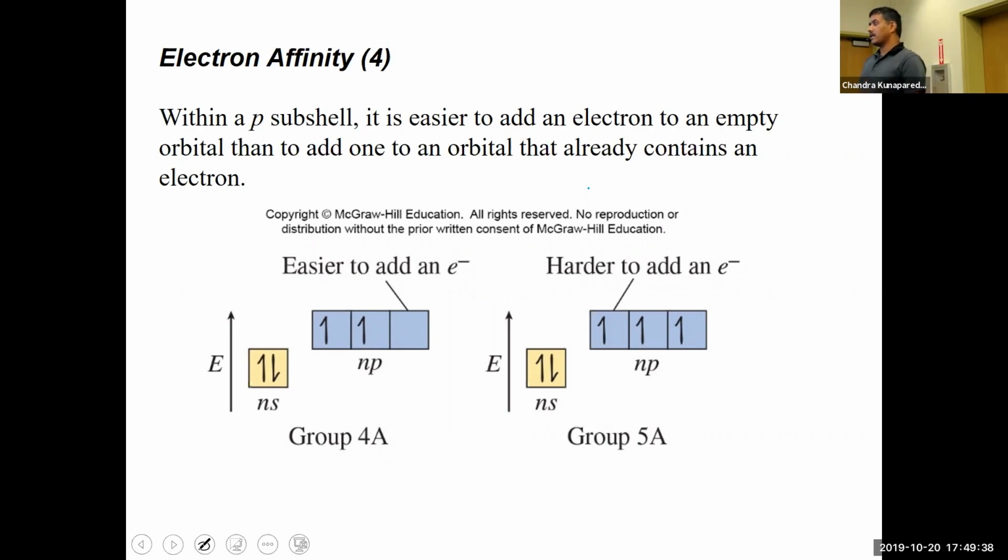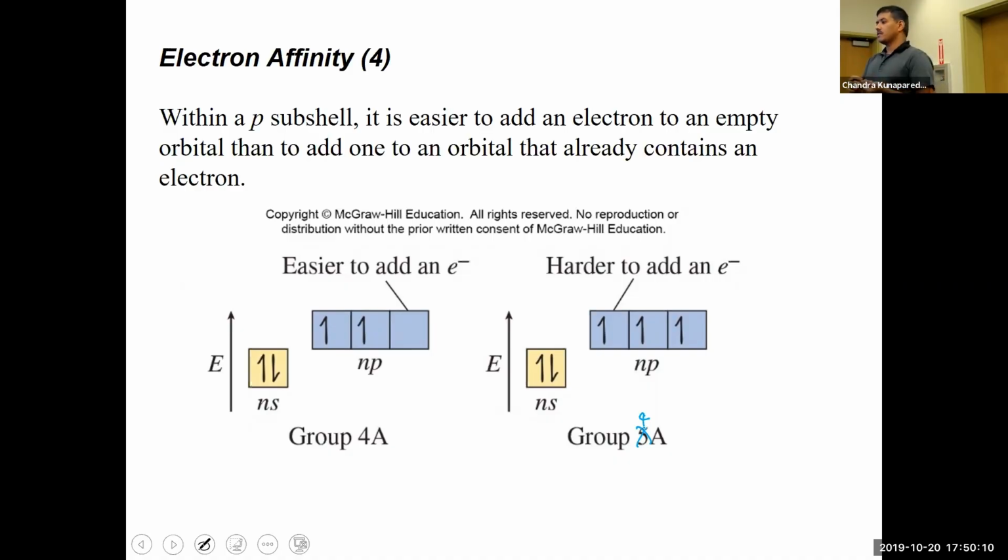So another trend is, if you're trying to add an electron to an element, electronic configuration matters. Again, we're talking about the same group. In general, if you have an empty orbital, it is much easier to add an extra electron than trying to pair an extra electron in an already partially filled orbital.